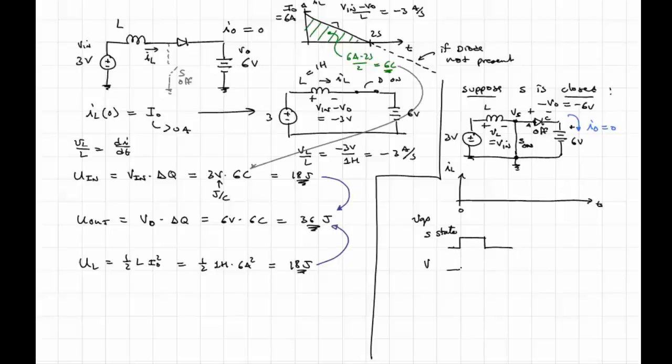It's really the drain to source voltage. When I turn on the switch, the voltage across the switch goes to 0. And when the voltage across the switch is 0, the voltage across the inductor is Vin. And so the current rises, and it rises at a rate of Vin over L.